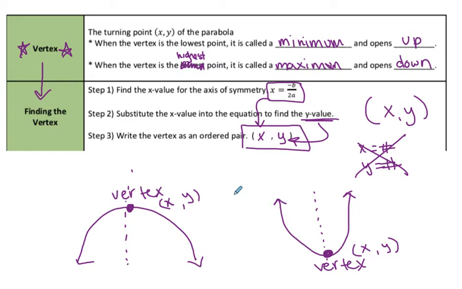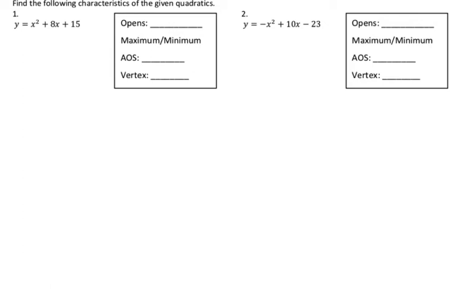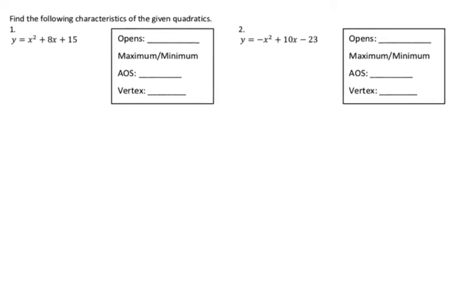So again, our three main characteristics that we're talking about today are the opening, up or down, the axis of symmetry, and the vertex. So let's put this together, looking at a couple examples. All right, so A tells us whether it opens up or down. So on here I have a 1 for A, so this opens up.